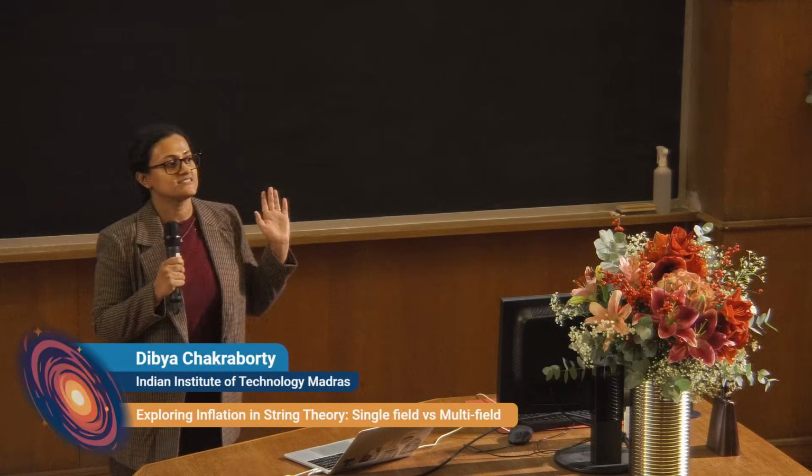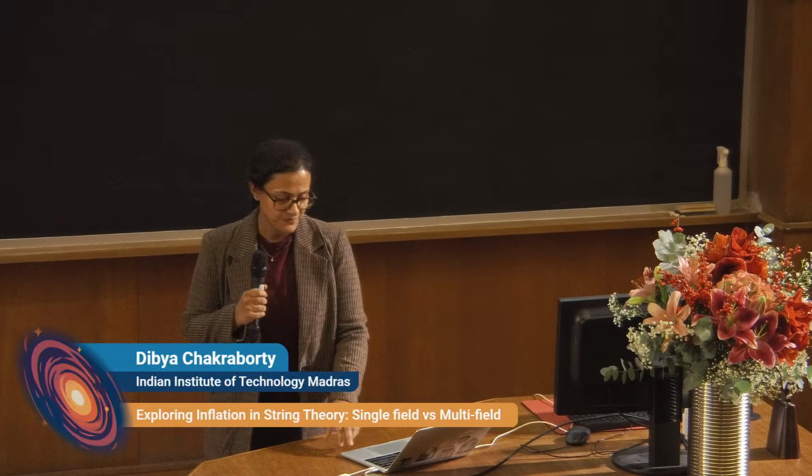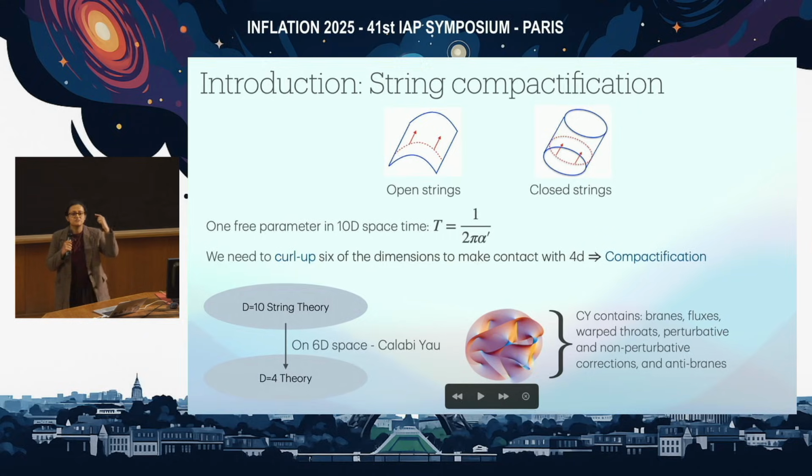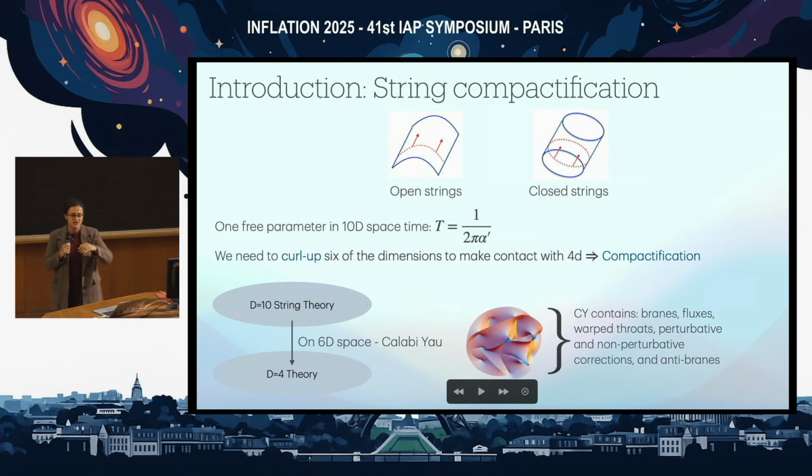And as the title suggests, I'm going to bring in string theory. The fundamental blocks of string theory are tiny vibrating strings, which are of two types, open and closed. In order to connect to four-dimensional physics, where I'm going to present inflationary models, I'm going to dimensionally reduce the extra dimensions.